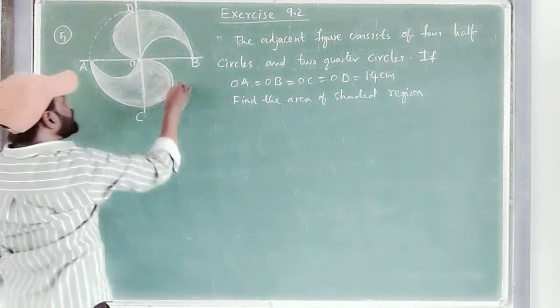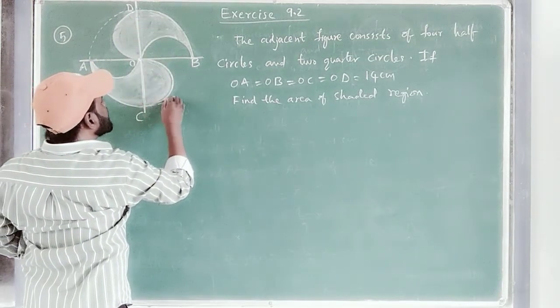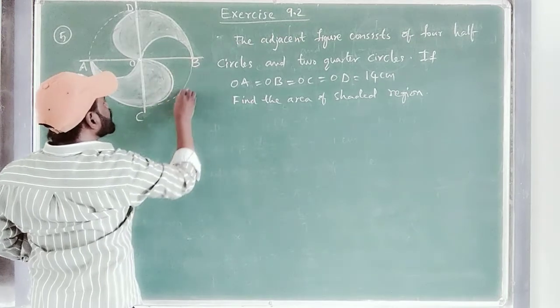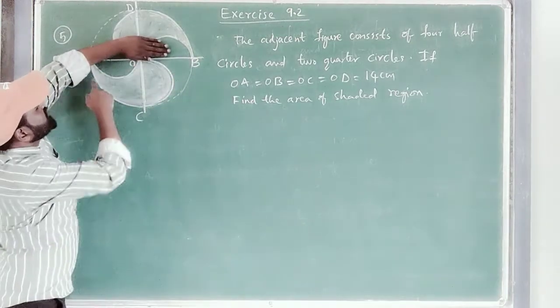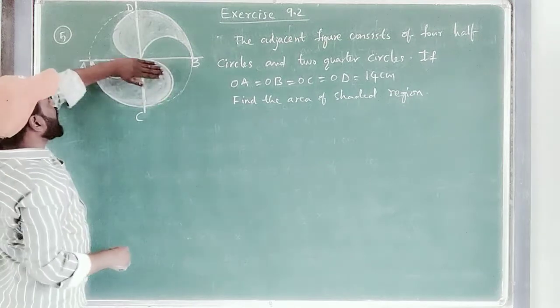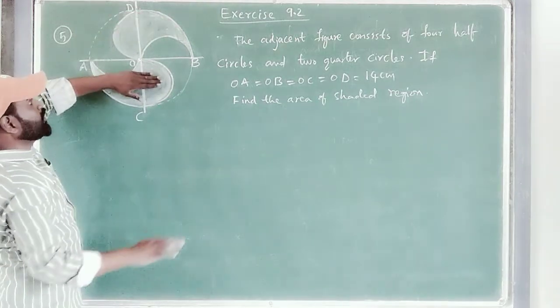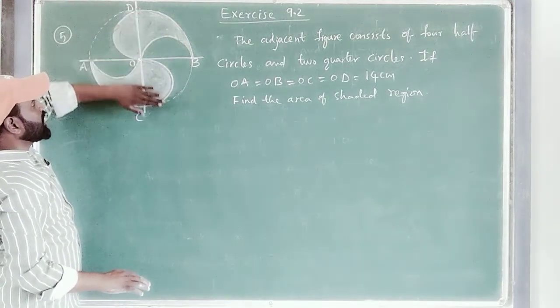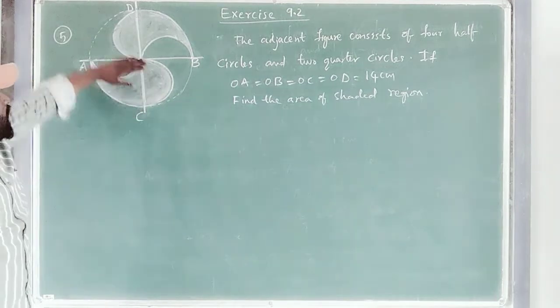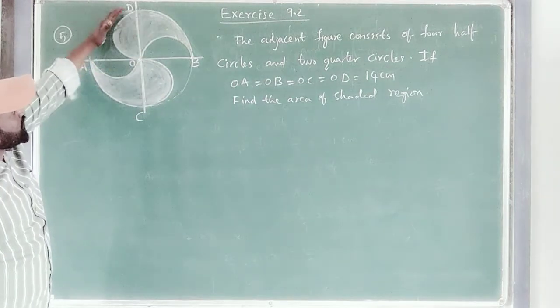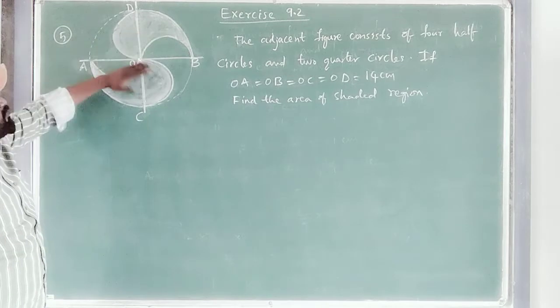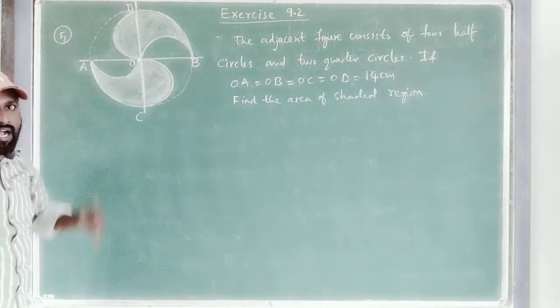Otherwise, if you remove the upper part and fix it in the lower portion, it will look like this half of the circle. So either the upper part will be filled or the lower part will be filled. If you make it upside, a half circle will come. If you make it downside, it will become a half circle.